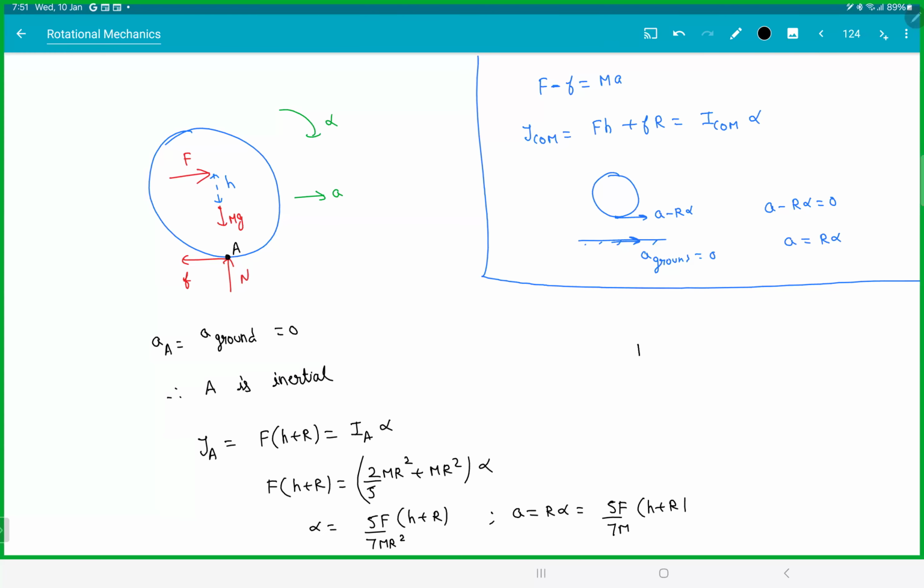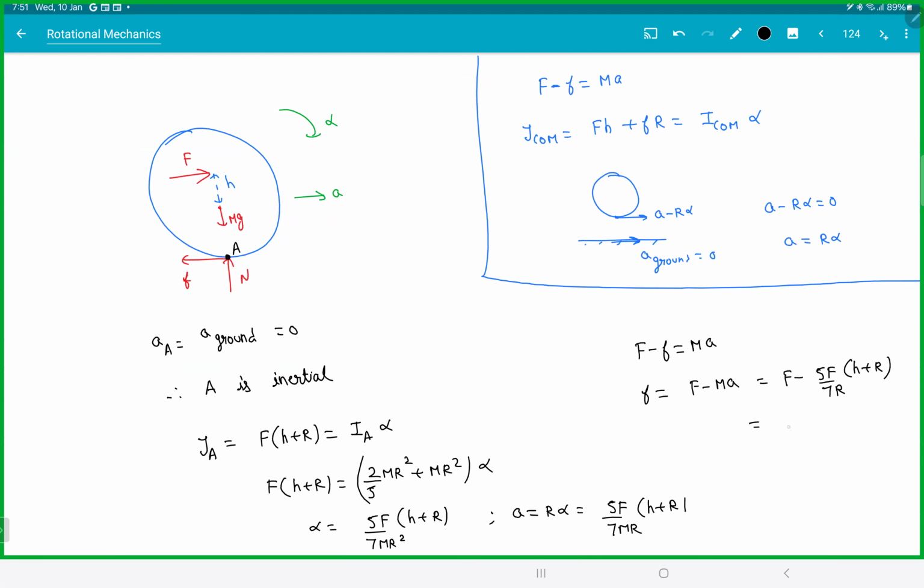You want to find friction, for that there is no option. F minus f is equal to ma. So we get friction is equal to F minus ma. So substitute that: F minus 5F by 7 into h plus R. There's one more R missing somewhere. There's one more R sitting here.